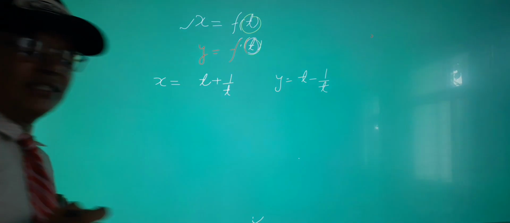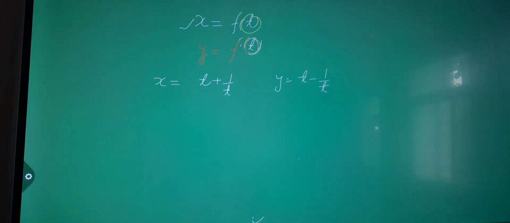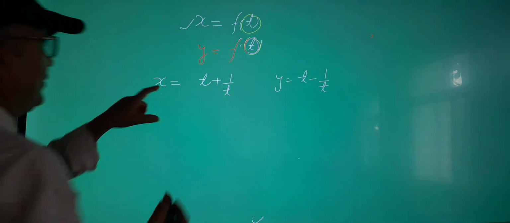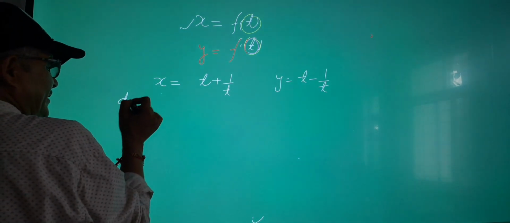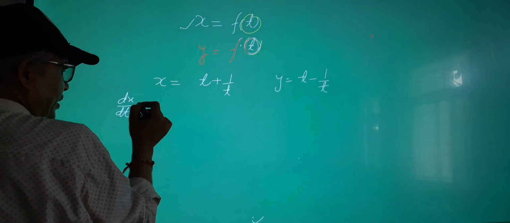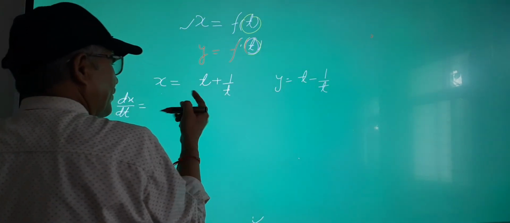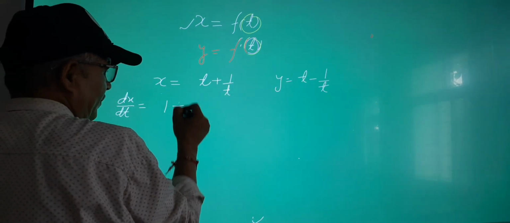So it is clear that this is a parametric function because x and y are expressed in terms of t. So what is the derivative with respect to t? dx upon dt is equal to the derivative with respect to t of t plus 1 upon t, which is 1 plus the derivative of 1 upon t.